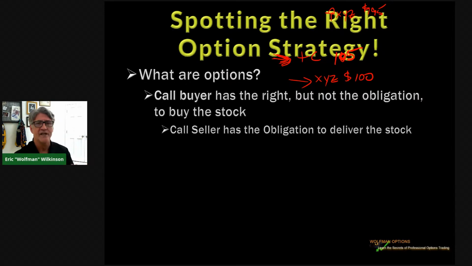So the idea here is that if I'm the seller of the option and somebody comes calling, they say, hey, I want you to sell me the stock at this level. You have to, okay? Or deliver your stock at the price the strike indicated, in this case 105. So the seller has the obligation. But remember, the seller gets to keep that premium no matter what.